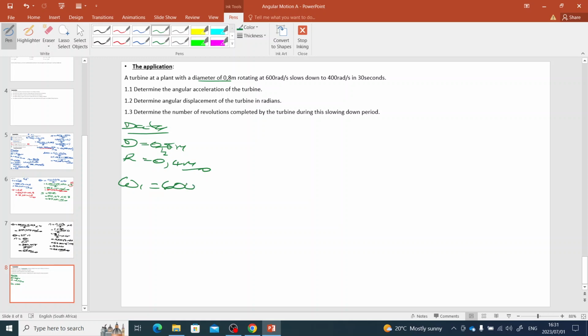What indicated to me it is the SI unit: rad per second is omega. It slows down to omega 2, given as 400 rad per second. Time is given as 30 seconds.